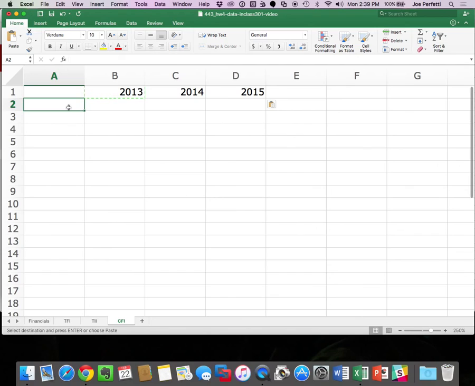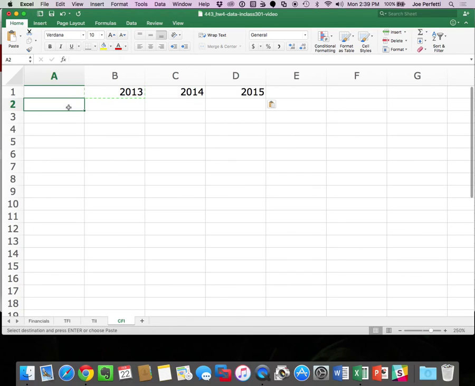If I gave you 7 years worth of statements, how many CFIs could you do? How many TIIs? How many TFIs? You got the message. So that's the key here. So again, I'm copying and pasting across the 3, just so I can copy and paste across the sheets. We're only going to end up with 2 years of CFI.